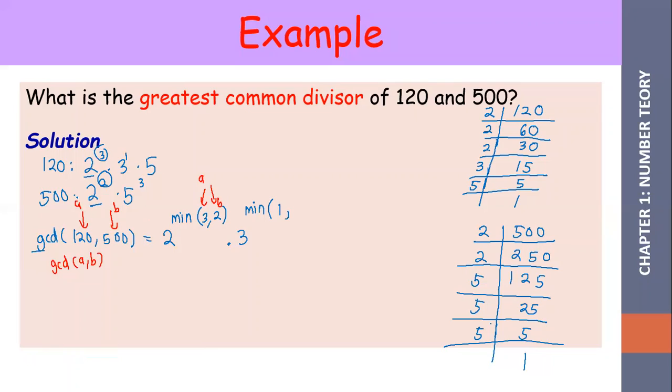How about B? We have no 3 here, but because 3 to the power of 0 is 1, you still get the same answer.